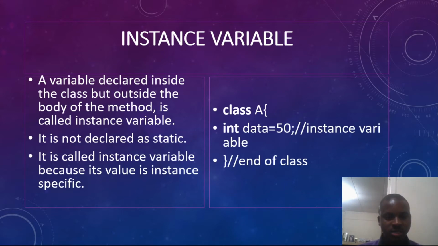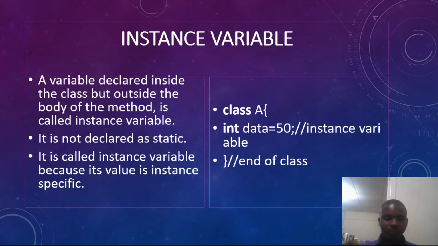What does it mean when they say it is instance specific? Which means the value it is going to store is going to be particular to a certain object. For example, if we are talking about a class of students, I'm a student called Ezekiel, and there might be another student called Jimmy.